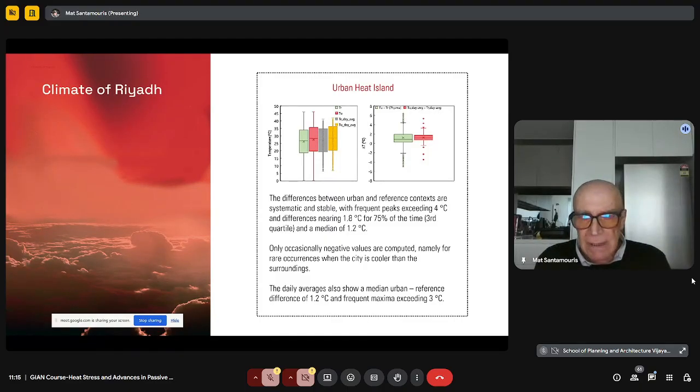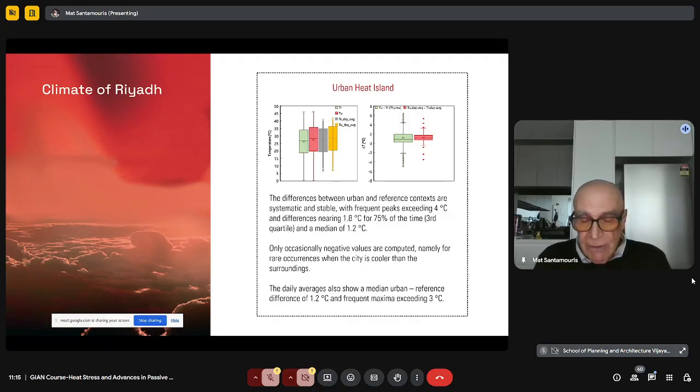We calculated the distribution of the temperature difference and also the overheating at the city scale. We also considered some reference stations located in the suburban areas, not influenced so much by the urban conditions, and we calculated the differences between the urban and the reference conditions.